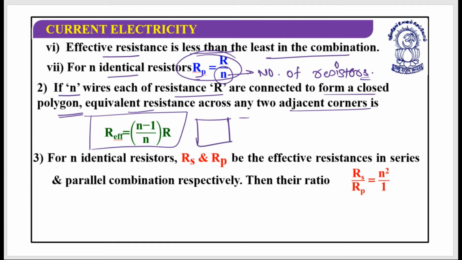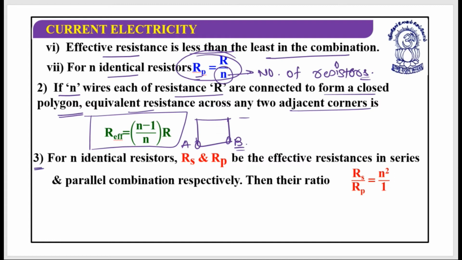Let's suppose a square is there, and each side has the same resistance. Suppose these four wires have made this square, and each one has a resistance R. And suppose you have been asked to calculate RAB, then you can use this. Is it clear?